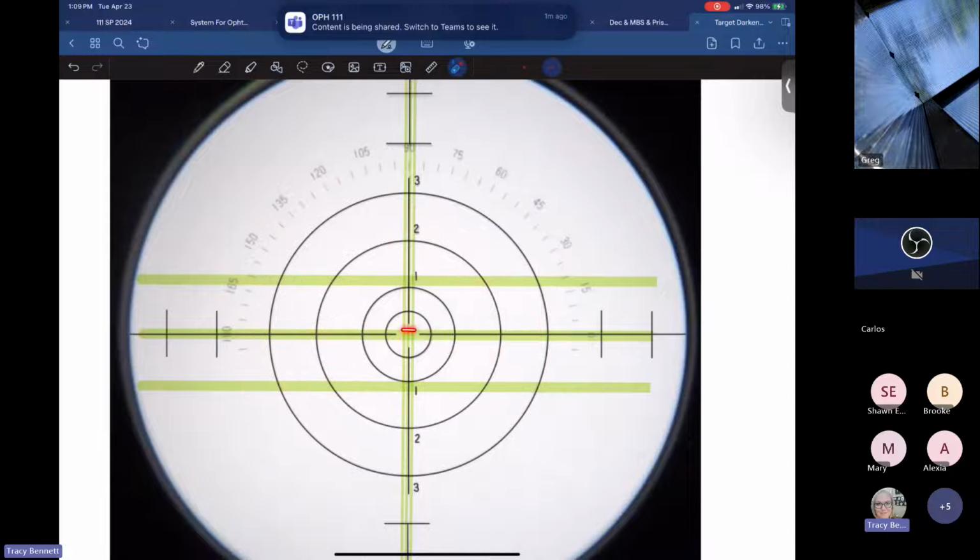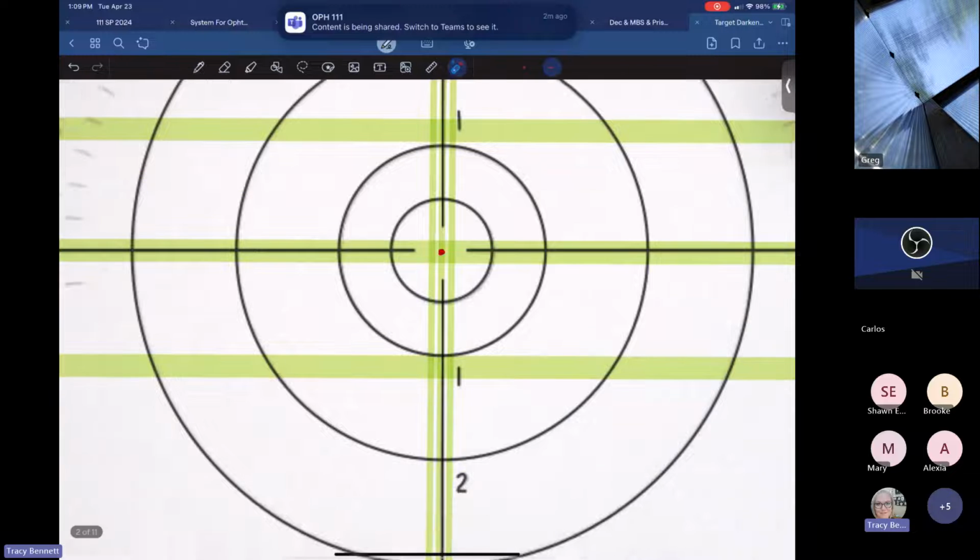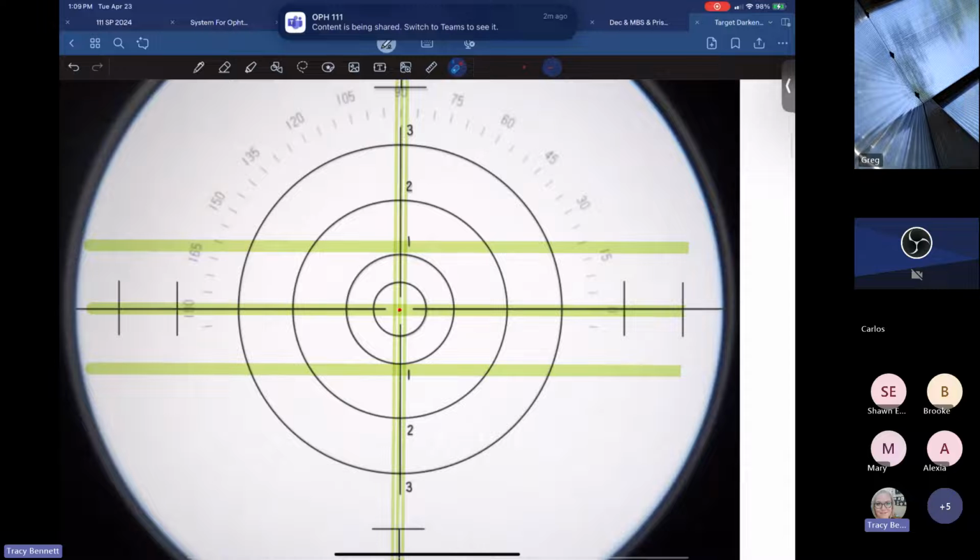But most importantly, the very center crossing point of those is the point that we're referencing at all times. The reason that point is so small is that it helps you measure how much prism you're seeing displayed.